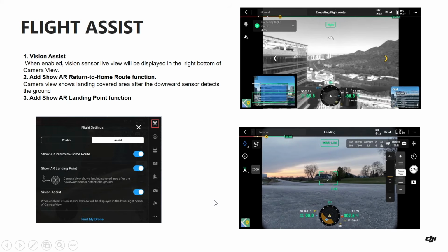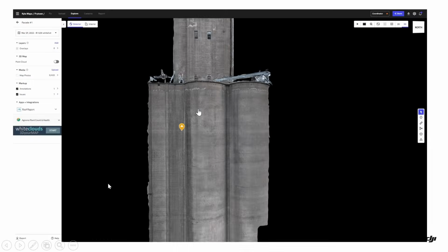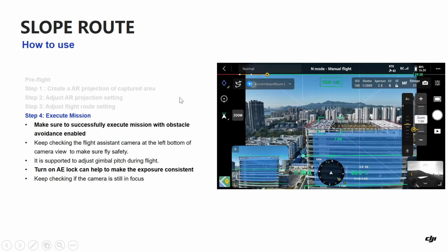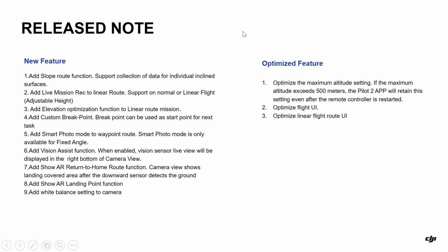Perfect. So a lot of big feature updates for 9.1 and 9.2, just to go back through the main release notes. Slope in facade automated mission, I'm really excited about.